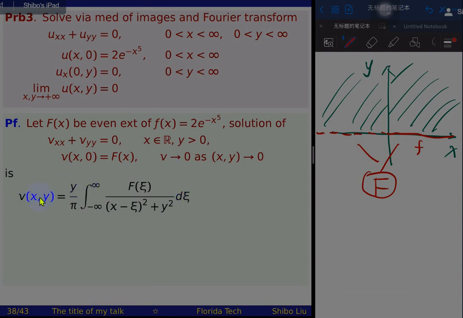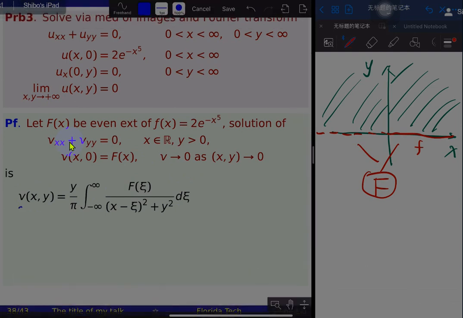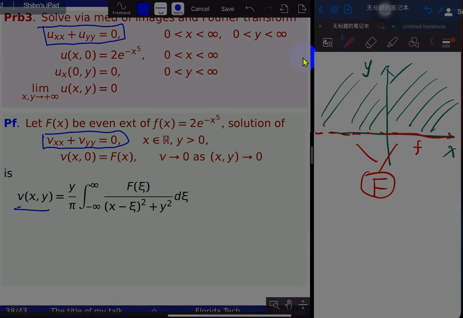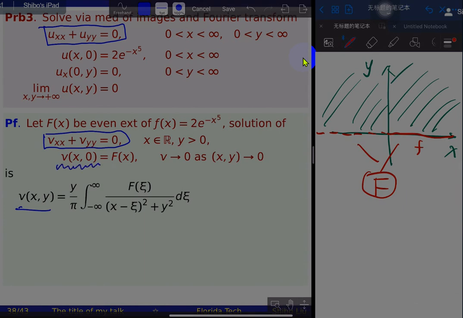So this v satisfies the PDE, which means that its restriction to the first quadrant also satisfies our PDE for u. Also, this v satisfies this boundary condition, that is, v equals capital F on the x-axis.